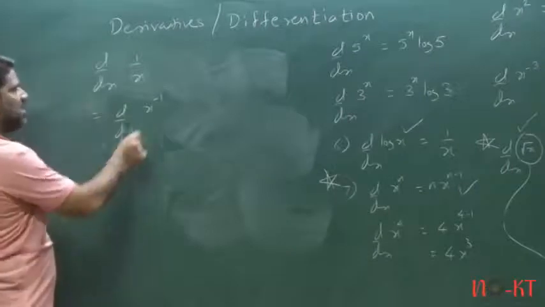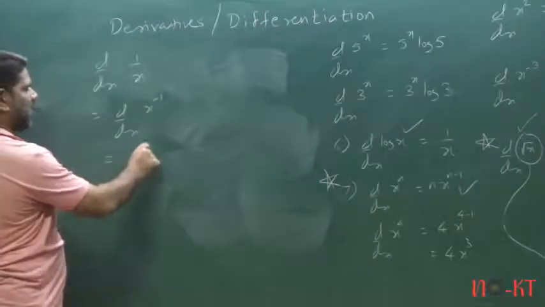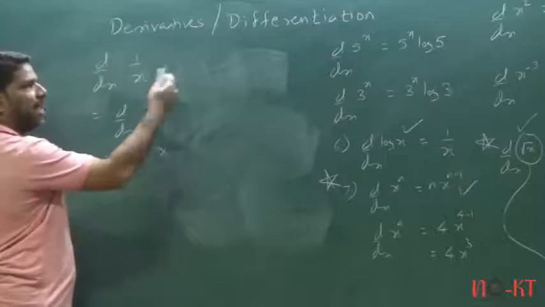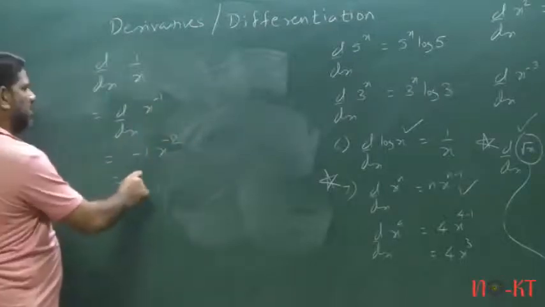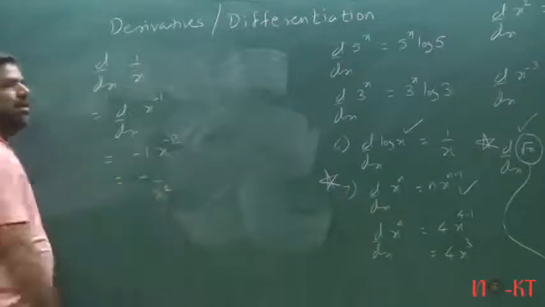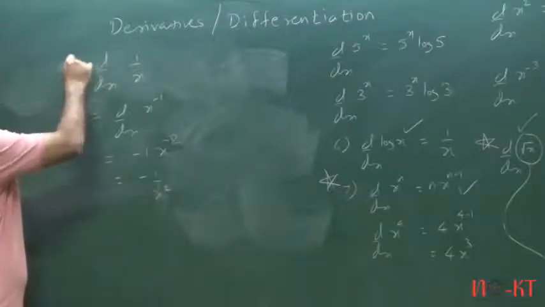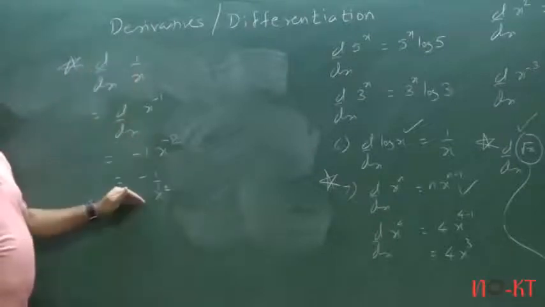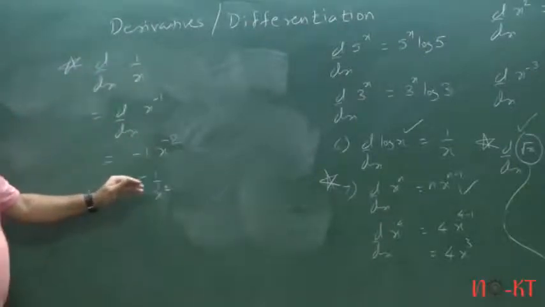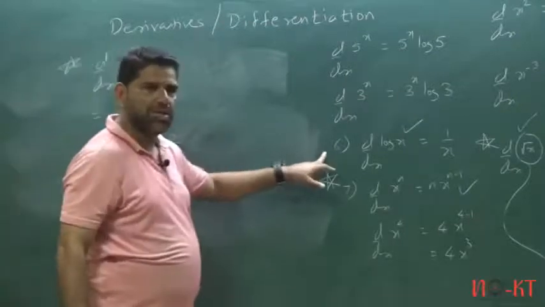Again same formula, x raised to n. Your formula is n, x raised to n minus 1. So that means it is minus 1 by x square. So again you can add this to your formulas. Derivative of 1 by x is always minus 1 by x square.